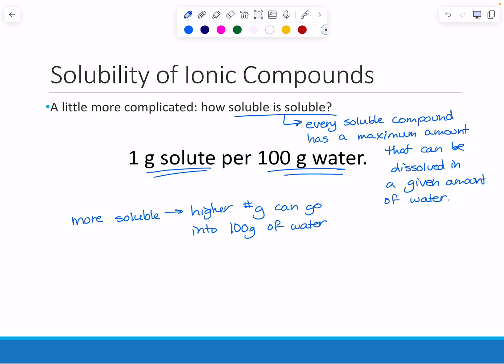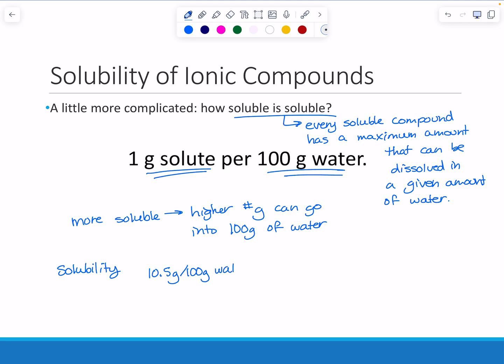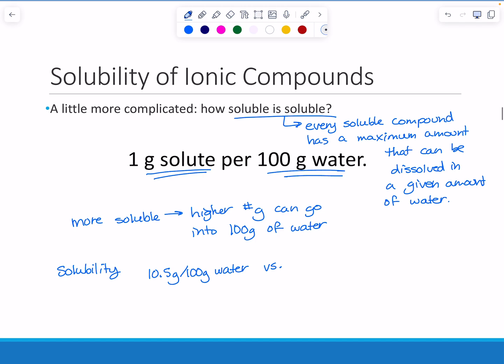And so let's say I have two compounds, and one has what we call a solubility of 10.5 grams per 100 grams of water, versus something where I can put 105 grams per 100 grams of water.